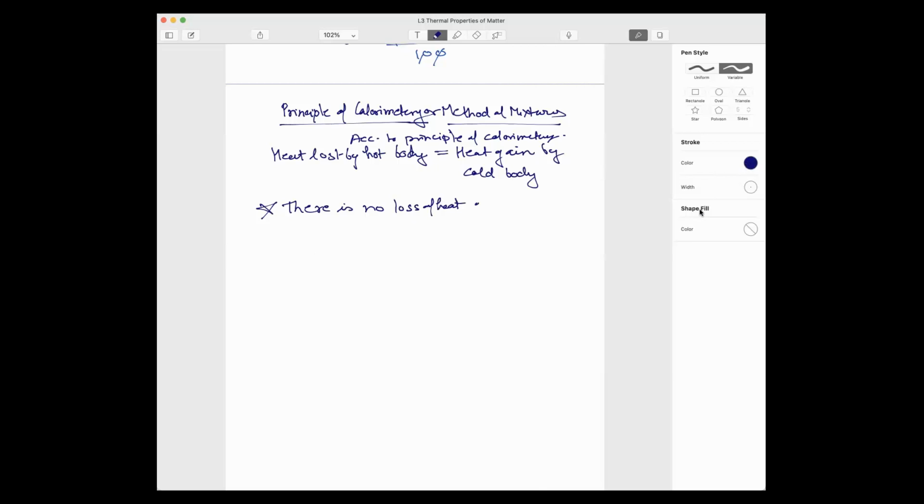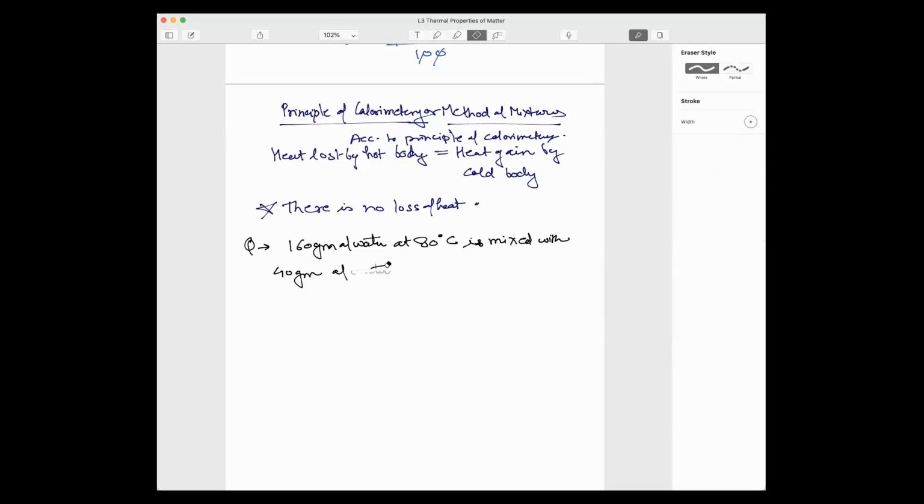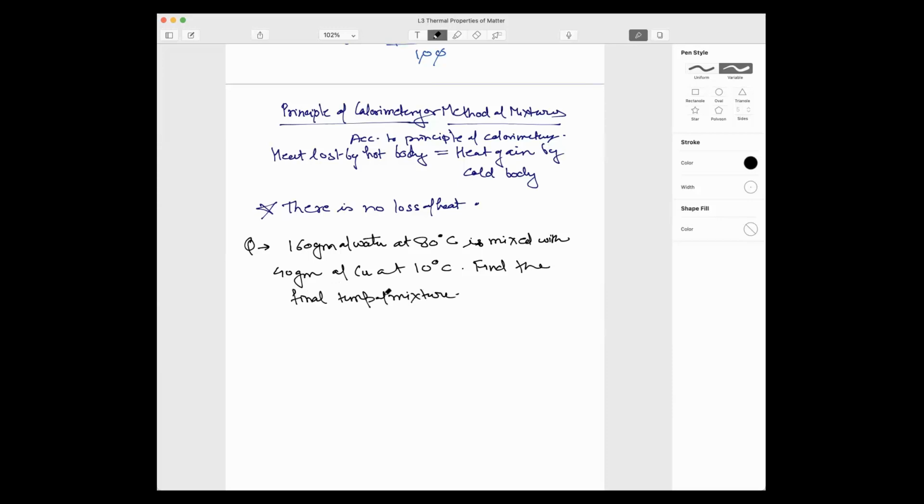So let's understand it with one of the questions. 160 gram of water at 80 degrees centigrade is mixed with 40 gram of copper at 10 degrees centigrade. Find the final temperature of the mixture.